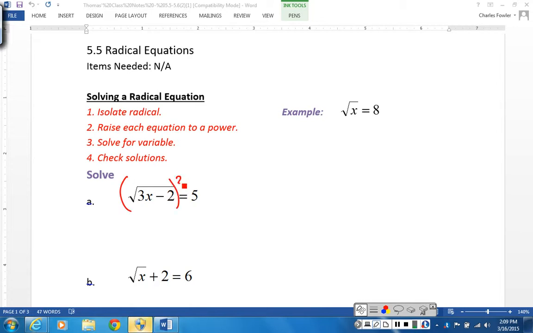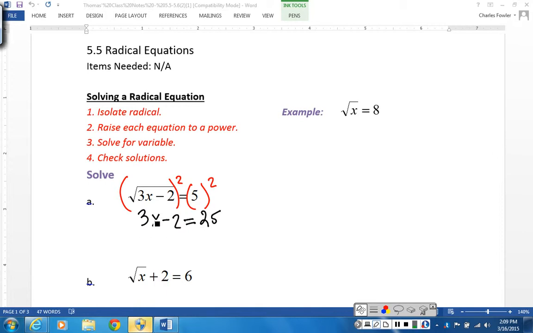Squaring the square root is basically like canceling out this radical and this 2, because they are inverses of each other. It's like saying 1/2 times 2, which is 1, right? So all of that goes away, and you're left with just what's under the radical, 3x minus 2 equals, on the right side, 5 squared, which we can simplify to 25.